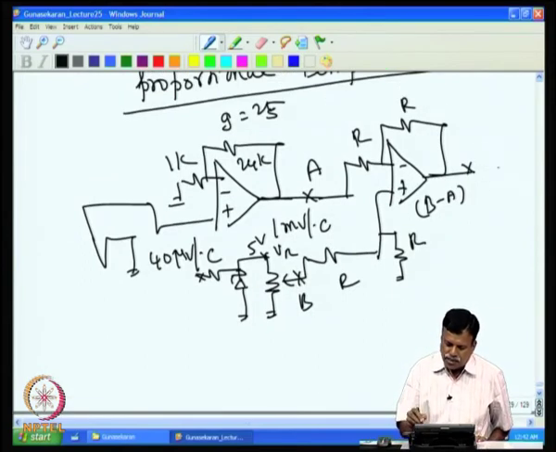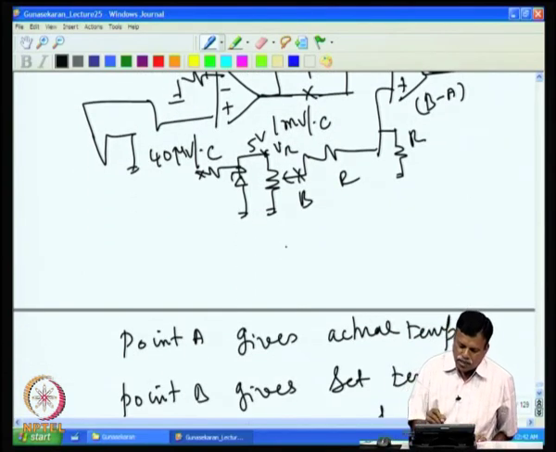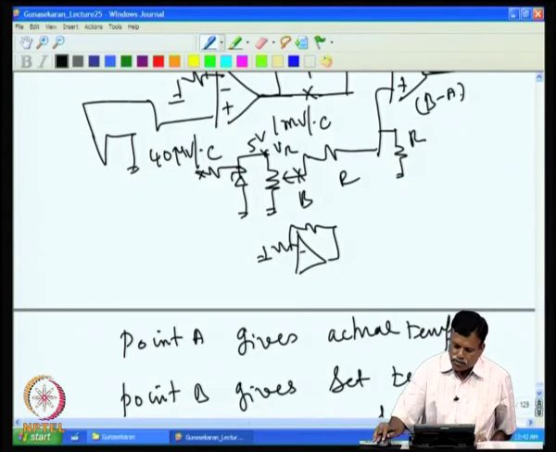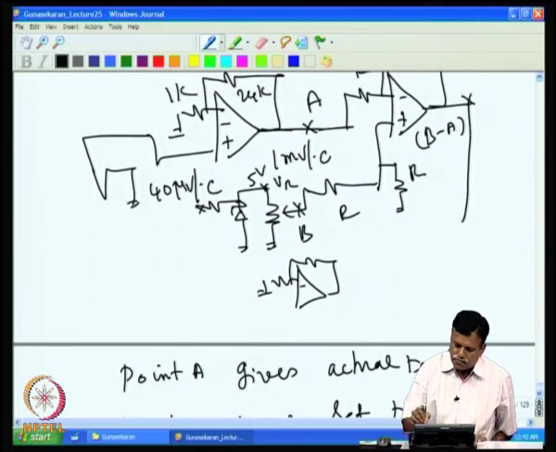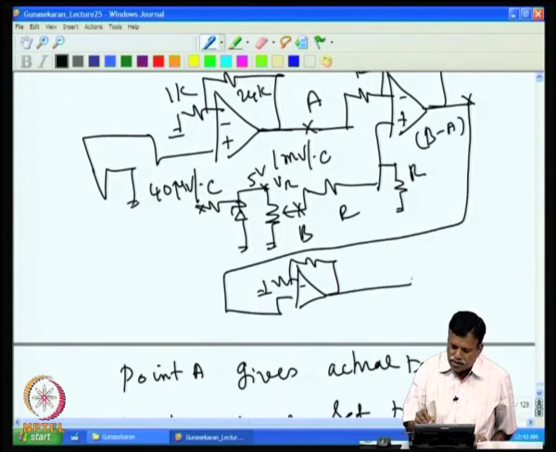Normally, this output is given to the next stage. The next stage consists of an amplifier, and its output is given to drive the heater. For example, I can have a heater circuit here.